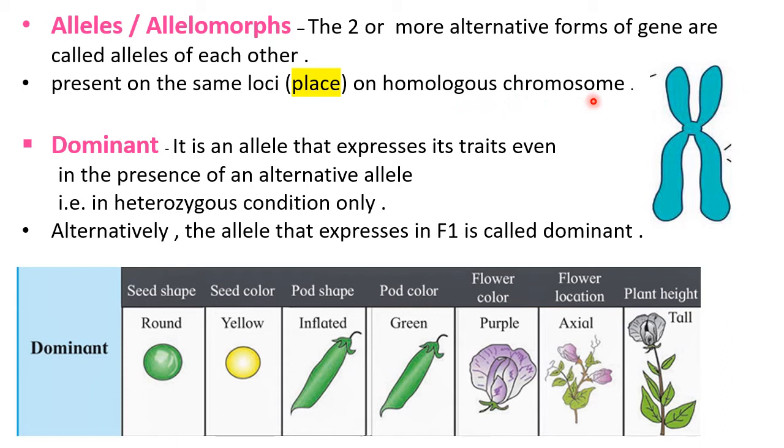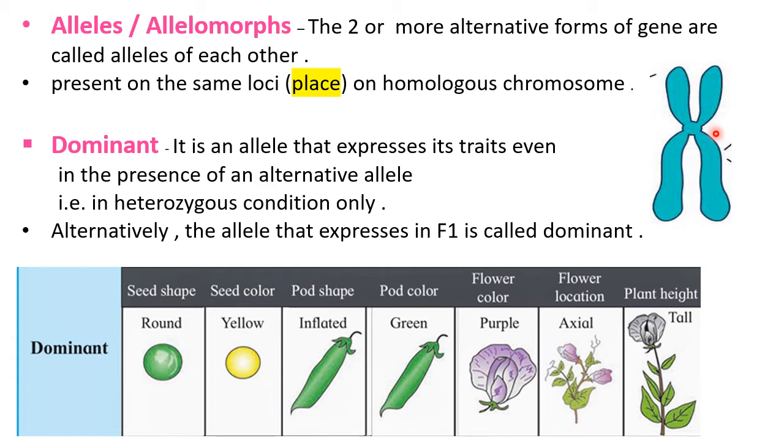Here in the diagram we see homologous chromosomes. Homologous chromosome means it consists of two parts having similar types of genes. Hence it is called homologous chromosome, and these genes are present on a particular place. The place is called loci.